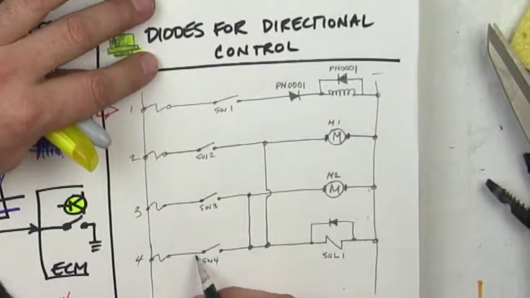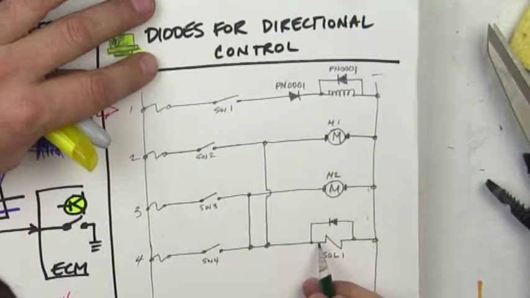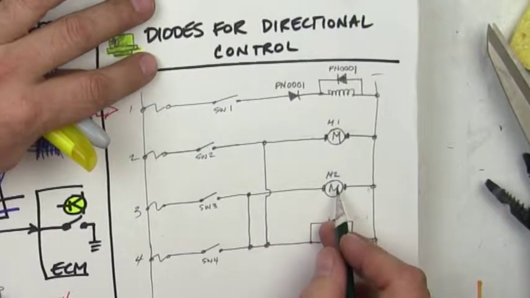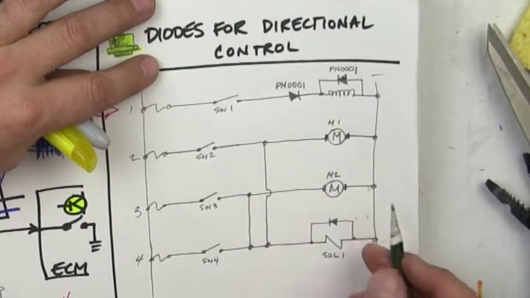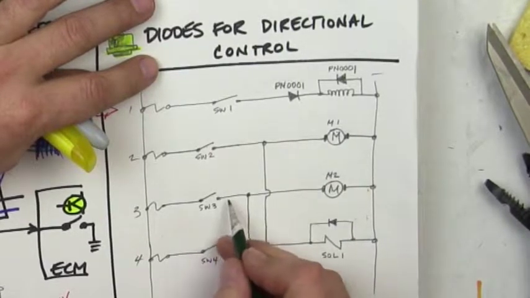So this is going to turn on the solenoid, and we want it to also turn on the motor. So what we would do is we wouldn't work here, we'd work here and here.